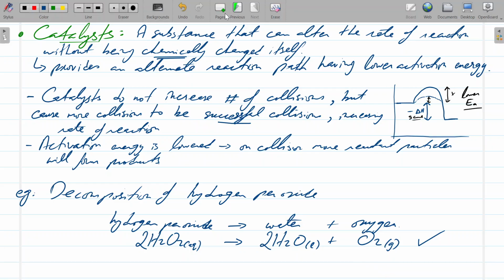So that is how the decomposition of hydrogen peroxide occurs, and it happens on its own.